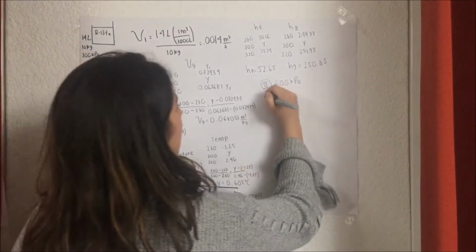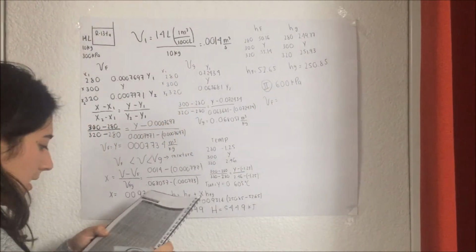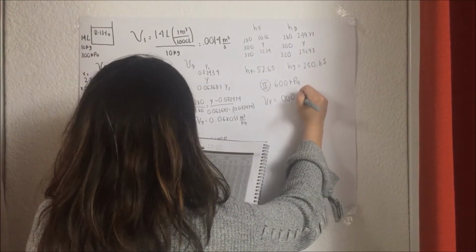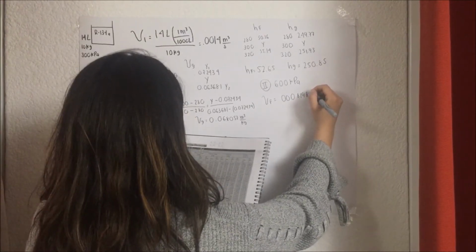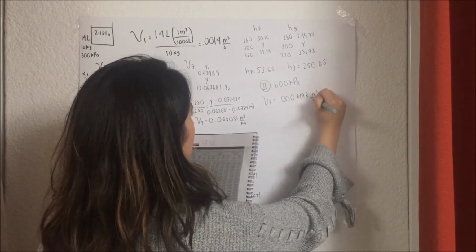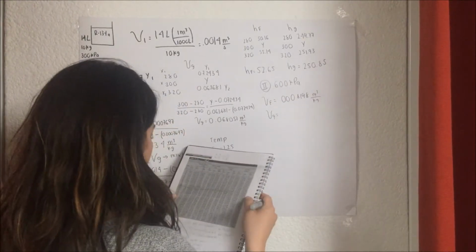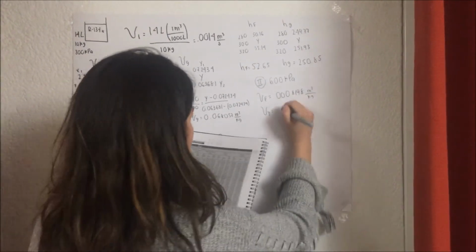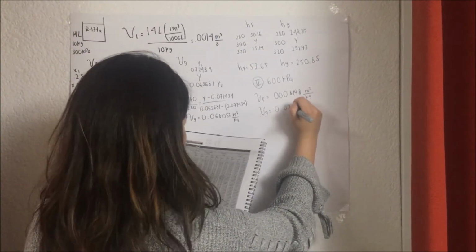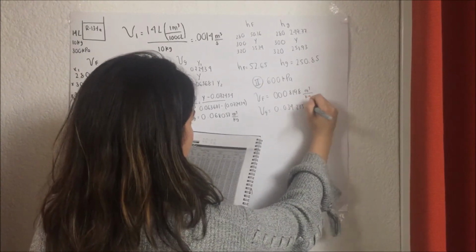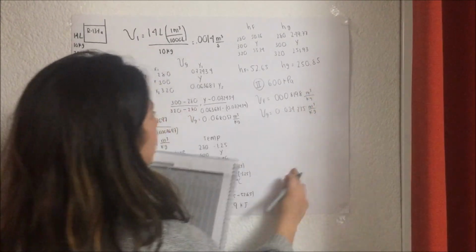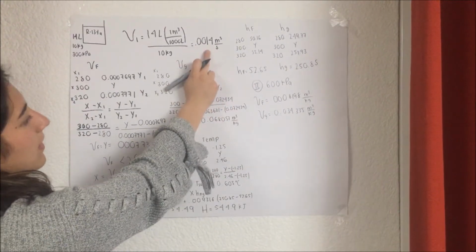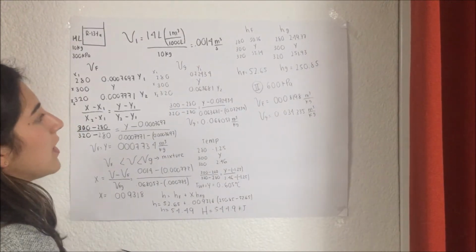So our vf equals 0.0008198 cubic meters per kilogram, and our vg equals 0.034335 cubic meters per kilogram. We compare it to this value, and it is also in between these two. So we have to calculate our x.